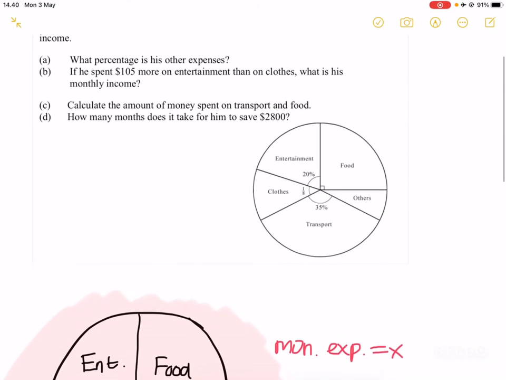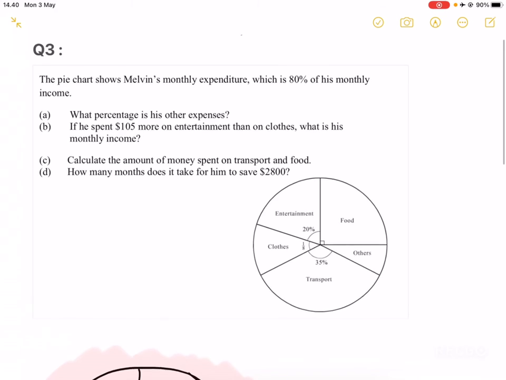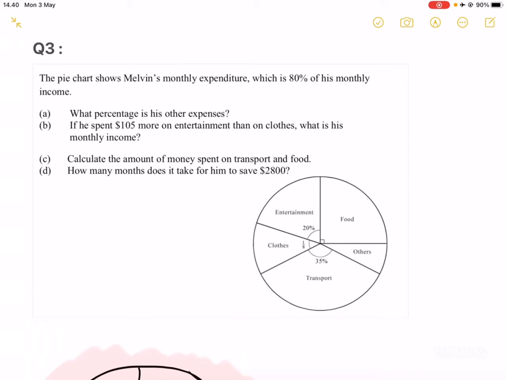Alright, and for part D, how many months does it take for him to save $2,800? Well, notice here that Melvin's monthly expenditure is 80% of his monthly income, and monthly expenditure is how much Melvin spends in a month, while monthly income means how much money Melvin receives.